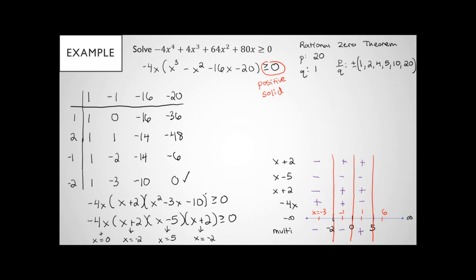Now I'm going to pick a number on the right. We're bigger than 5, so I have 6. And 6 plus 2 is 8, so that's positive. 6 minus 5 is 1, that's positive. 6 plus 2, again, that's positive. And negative 4 times 6 is negative 24, so that's going to be a negative. We have one negative sign, so we have negative when you multiply it.